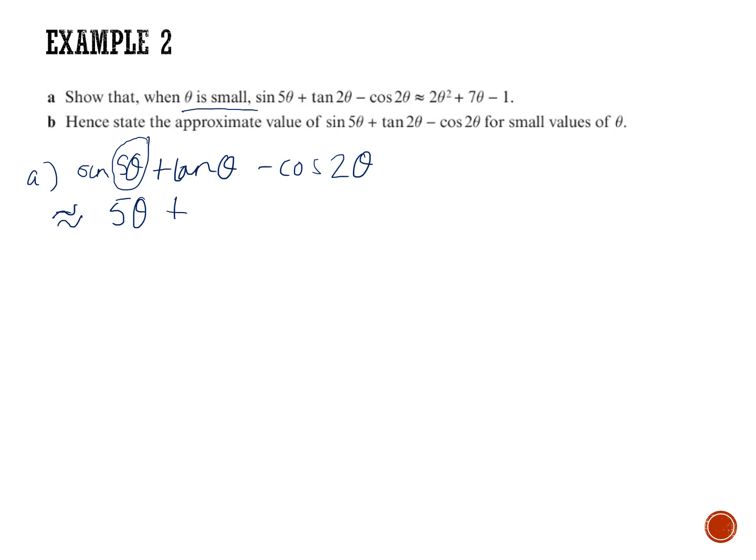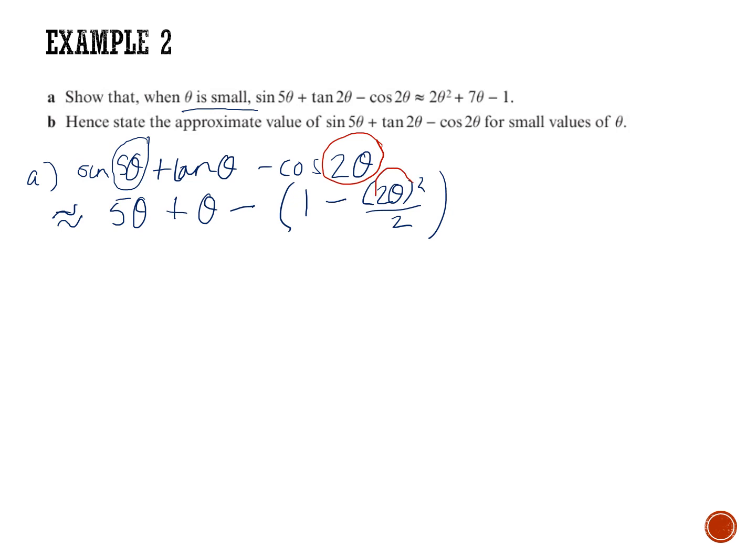Tan theta, approximately equal to theta, minus, pop it all in a bracket so you don't make a mistake with that. Remember what cos 2 theta is, 1 minus, it's a 2 theta, so stick it in a bracket all squared over 2. These are not difficult questions, but this is where you can make mistakes if you're not careful.